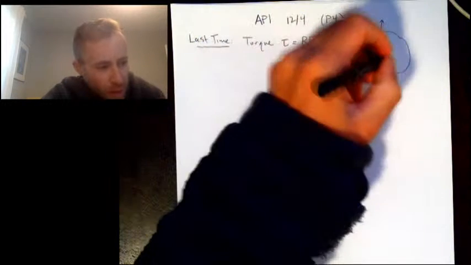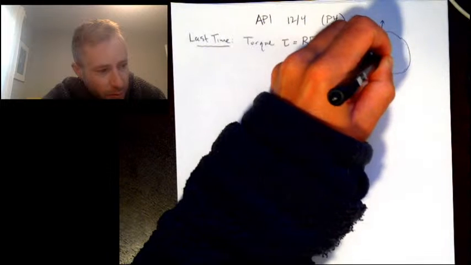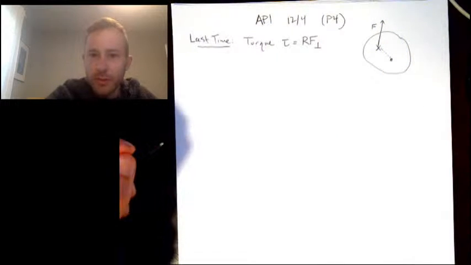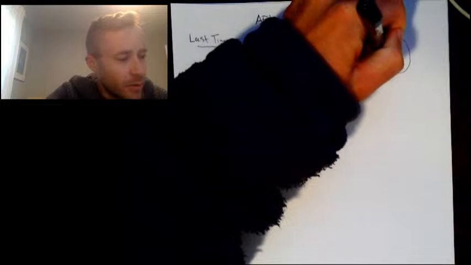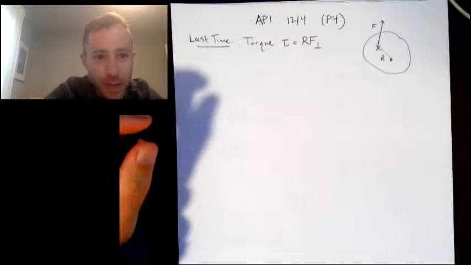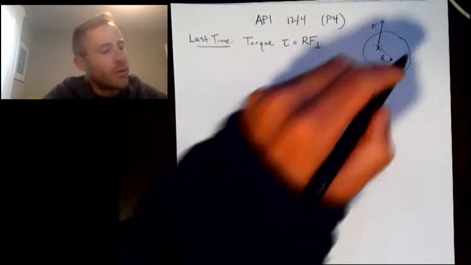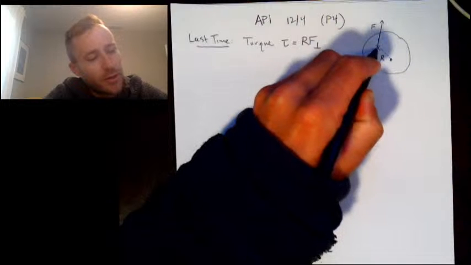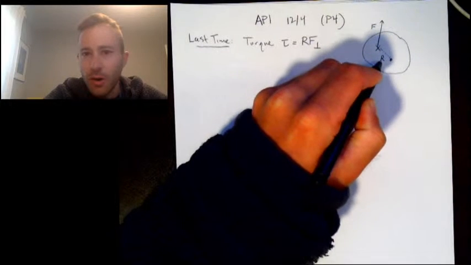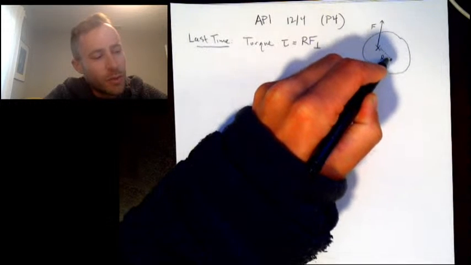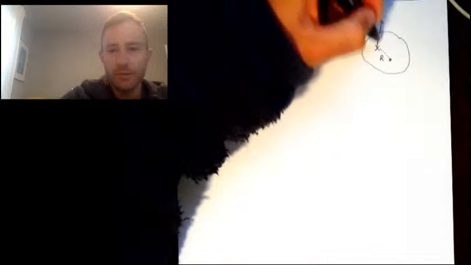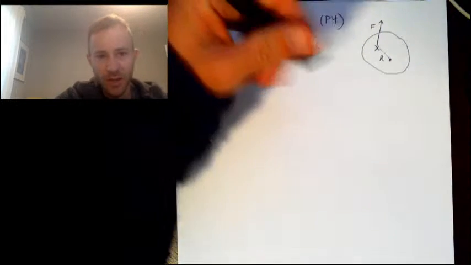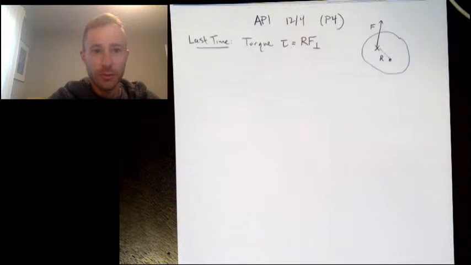We draw a line from the pivot to where the force is applied. And the length of that line segment is called R. And then once we've drawn that line segment, we look at the force vector. Remember, vector is just another fancy word for arrow.